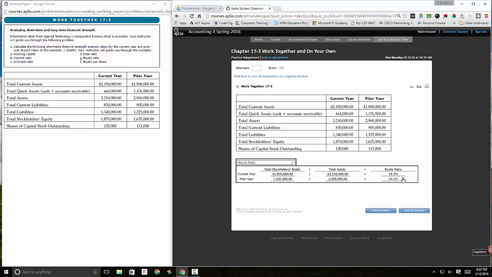For every dollar of assets owned by the company, 58.3 cents was acquired with stockholders' capital. The prior year, for every dollar owned by the company, they used 55.2 cents. It shows the mix of capital provided versus capital borrowed.